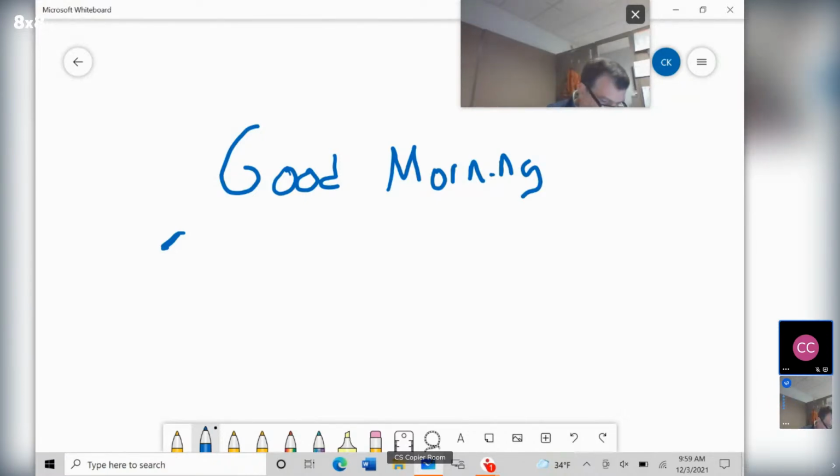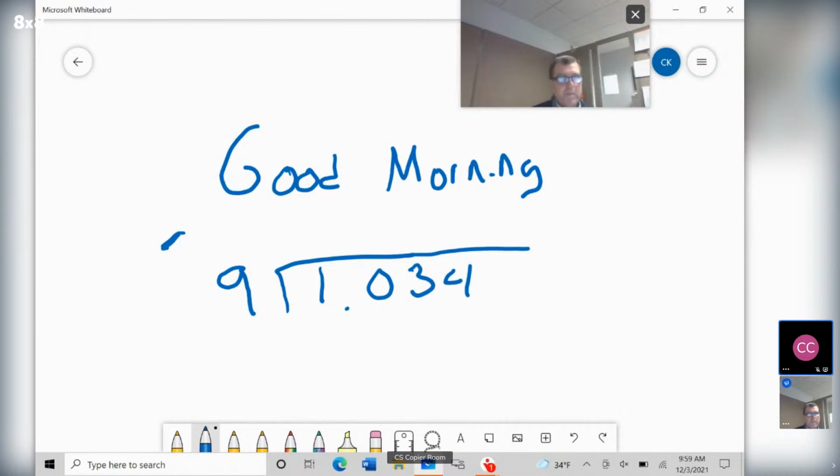So the first one I want to do is 9 divided by 1.034. Remember, the first thing you want to do always is move this decimal up to right here. Then it's going to be a straight division problem.